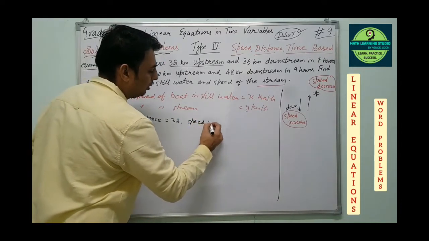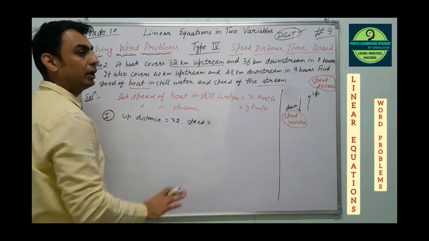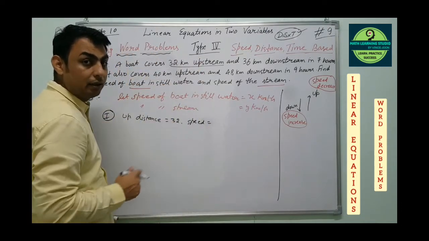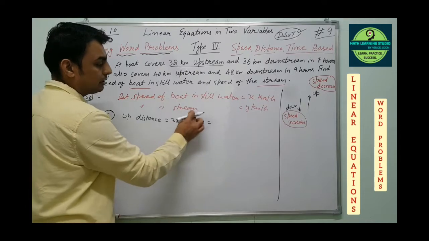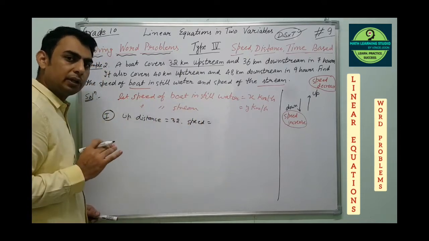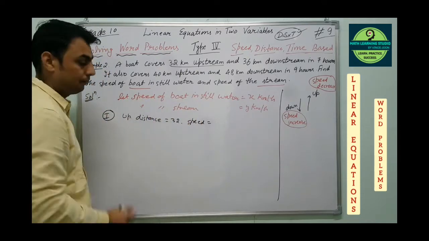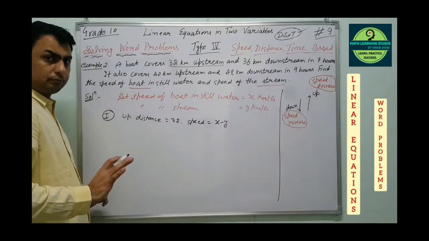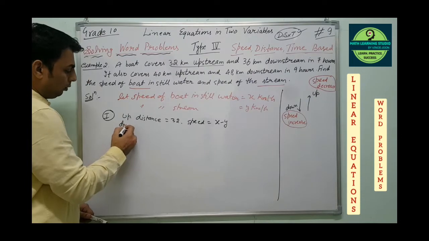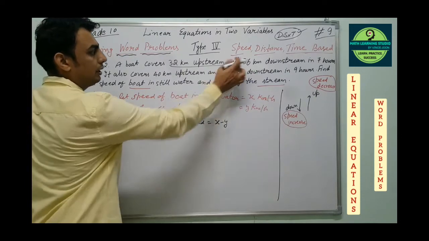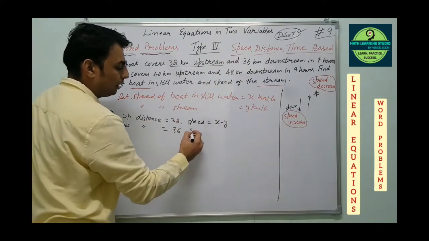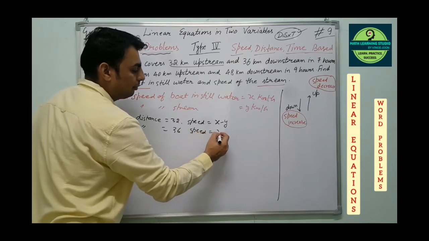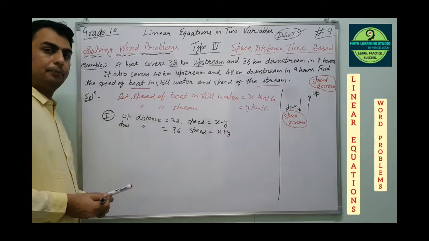Of course, it is going up, the speed will decrease. And how much? It will decrease as much as the speed of the stream or speed of the water. It means the speed will become x minus y. Right? Down distance, how much? It is 36 kilometers. And the speed will be x plus y.